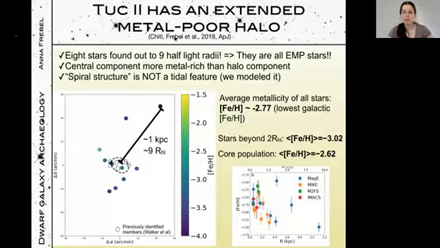And so the average of all these outer stars is -3.02, and the core population has an average metallicity of -2.6, and that equates to a total average of about -2.8. So this is one of the most metal poor galaxies out there, and it's really amazing.